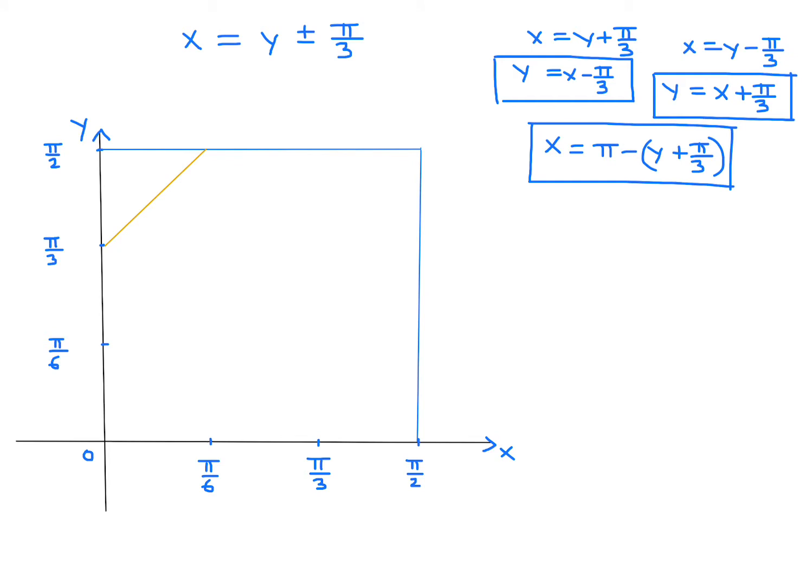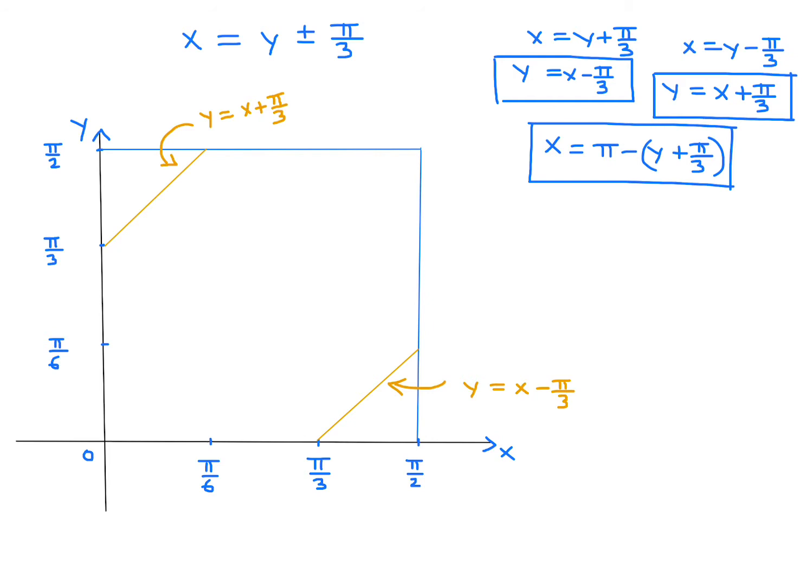Y is equal to x plus pi over 3. Then the next one I will draw, it's going to be something like this approximately. And that one is the equation of y is equal to x minus pi over 3, like that. And then finally we're going to draw this one.